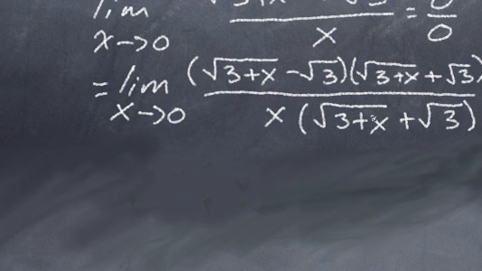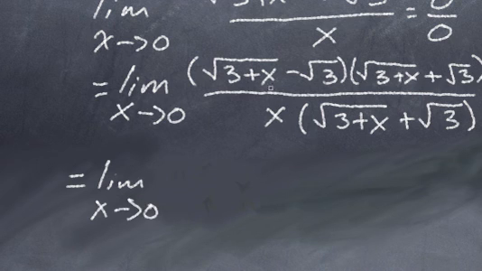Now we want to go ahead and multiply the top out. And so we do what's called FOIL it out. Square root of 3 plus x times the square root of 3 plus x, which is just 3 plus x.